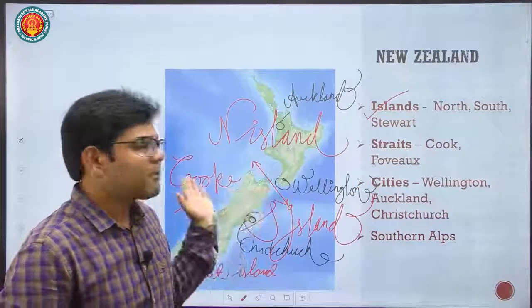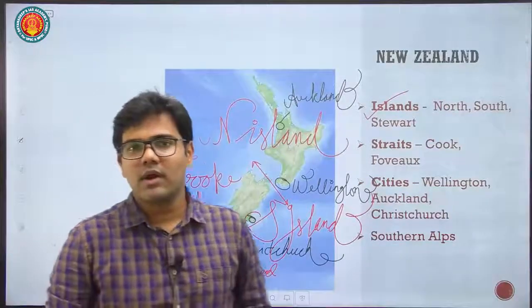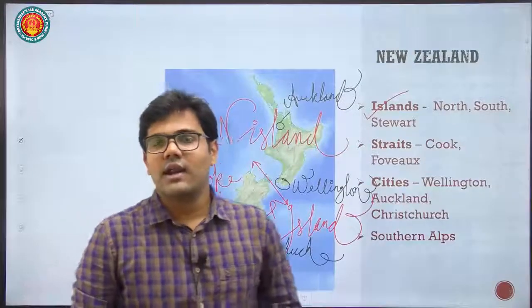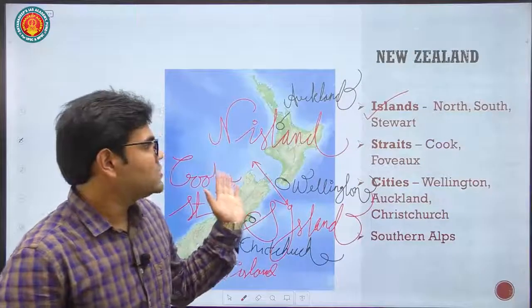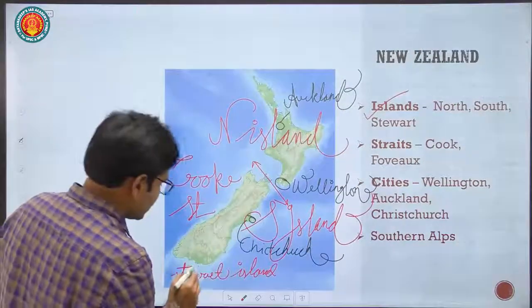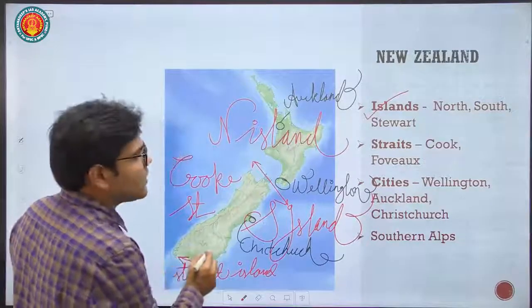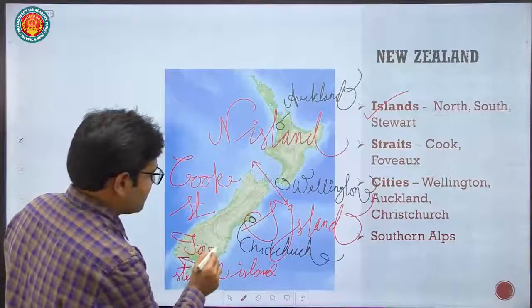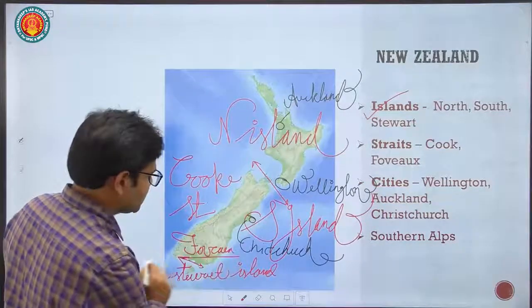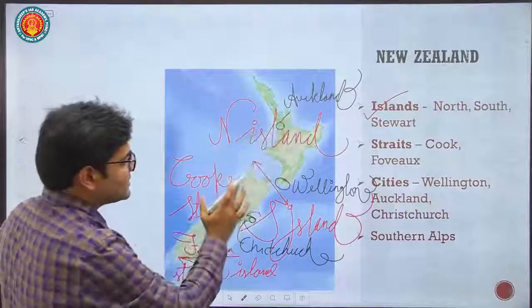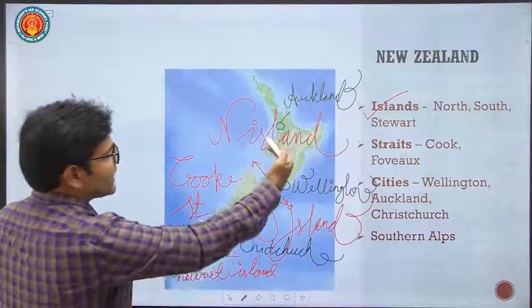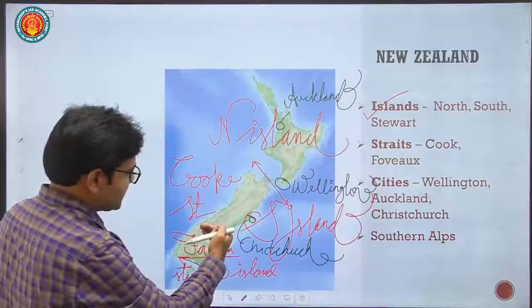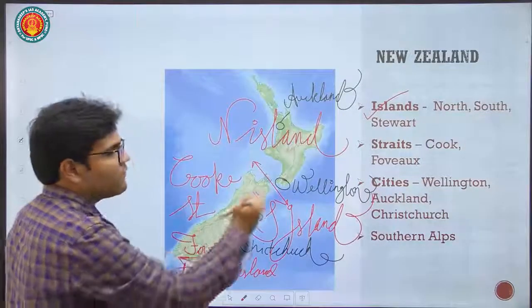Captain Tasman, then Captain Cook. These are the names of the explorers, and in their honor the straits are named. Another strait over here, let's call it Fox Strait. North Island and South Island are divided by Cook Strait, and between South and Stewart Island we have Fox Strait.